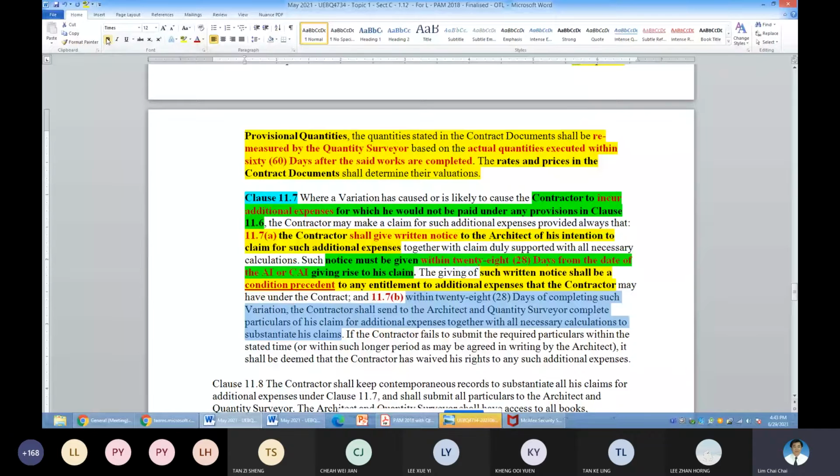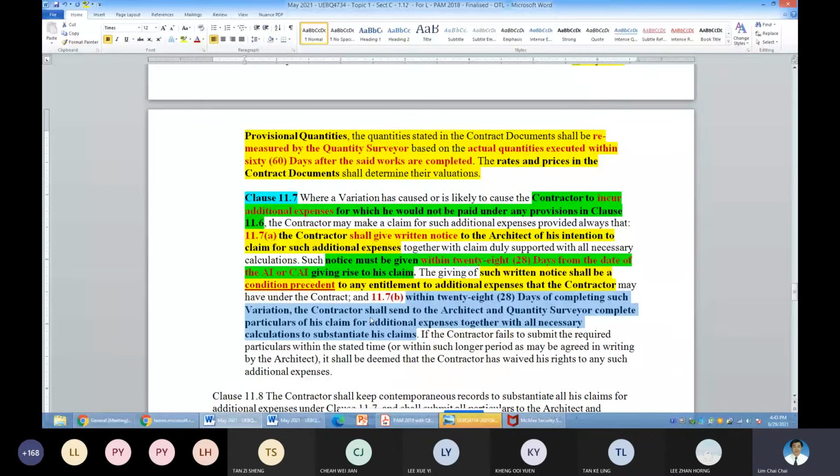Then the second thing you must follow, but this is not so fatal. The most important one is your number 11.7a, the initial notice. You have to get it done. 11.7b is within 28 days of completing the work.